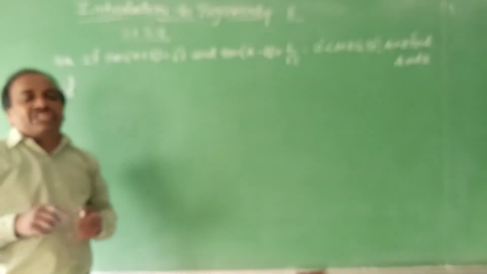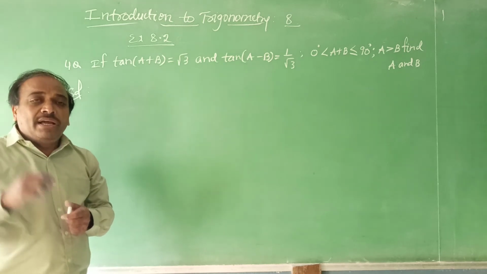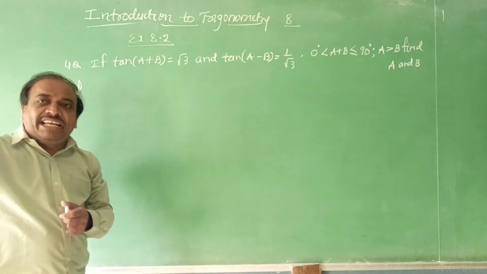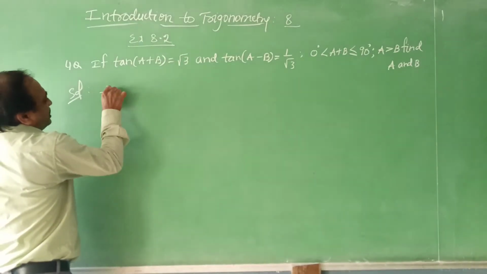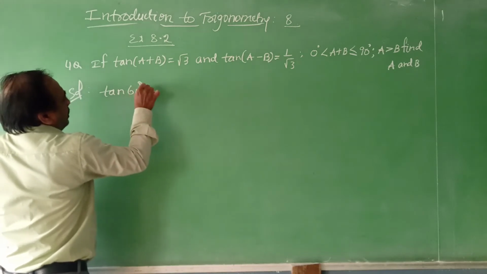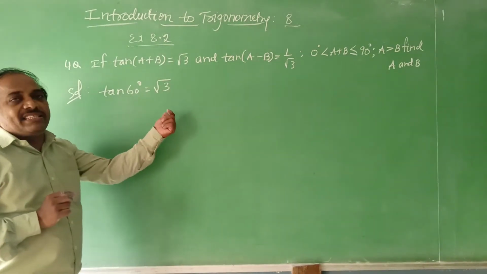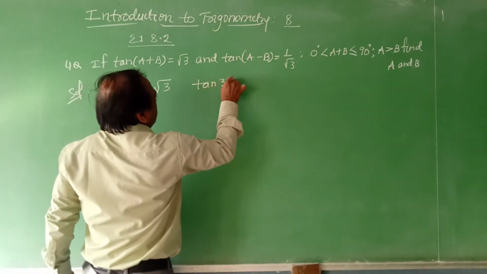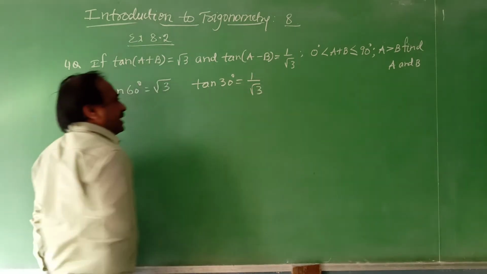How to calculate the tan value, whether it is for 30 degrees or 60 degrees or 45 degrees? Now you see, tan 60 degrees is equals to root 3. Tan 60 degrees is equals to root 3. And tan 30 degrees is equals to 1 by root 3.